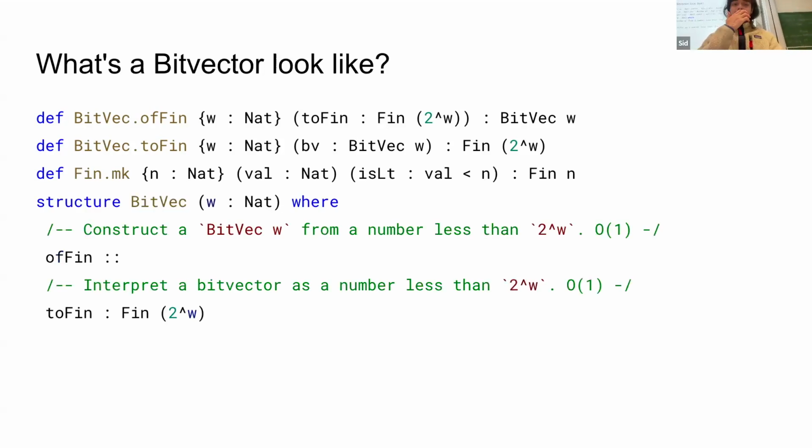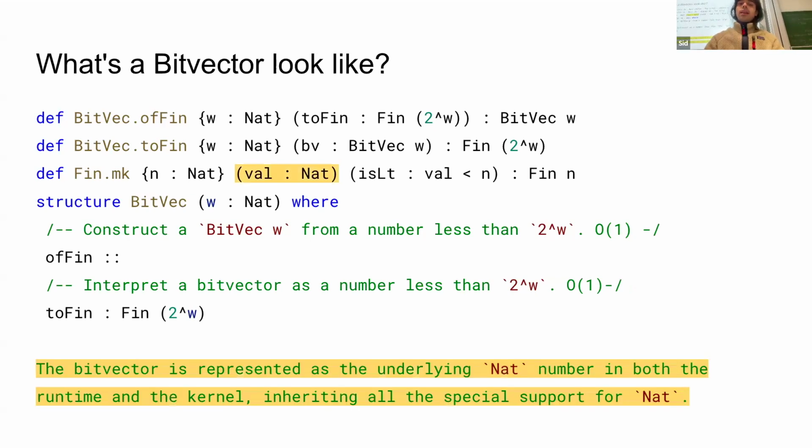Now, one of the things that's interesting about living in Lean is that we can define a bit vector this way, and we get fairly strong performance guarantees by doing this. That's because the Lean kernel knows what Nat is. Nat isn't some weird binary encoding, but the Lean kernel has special support for Nat, and it uses a fast implementation of arbitrary width natural numbers.